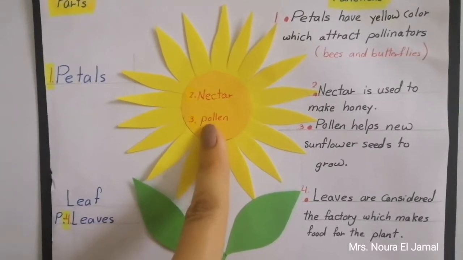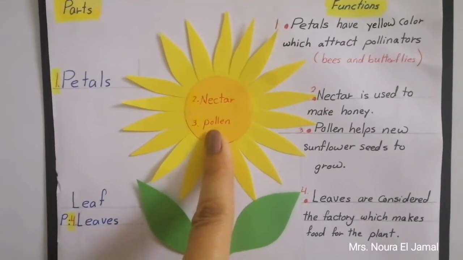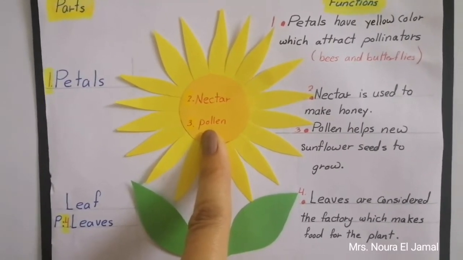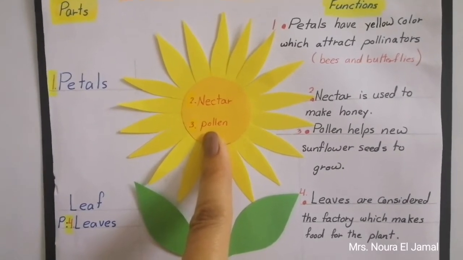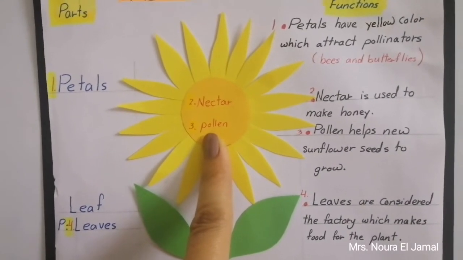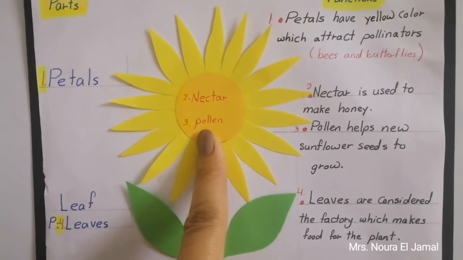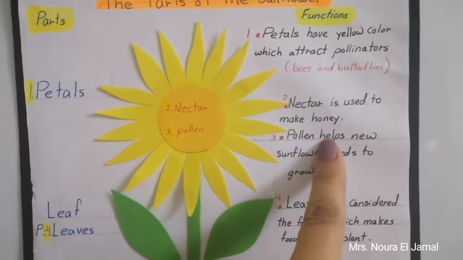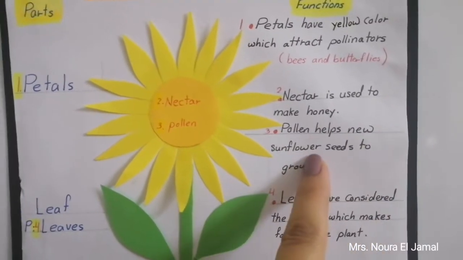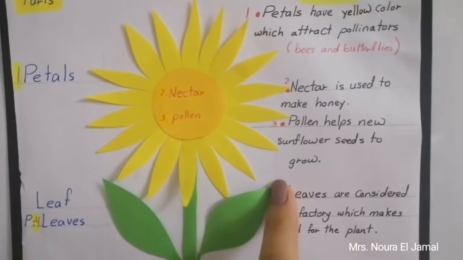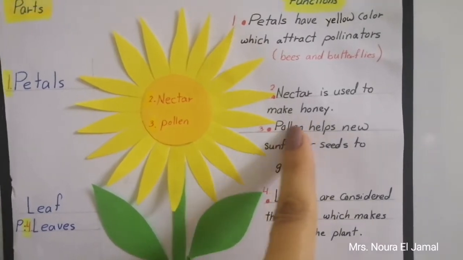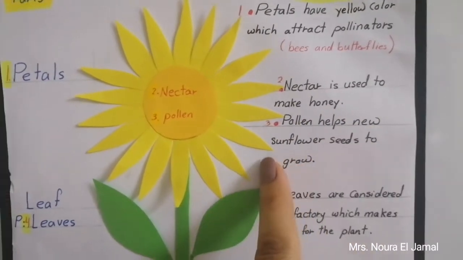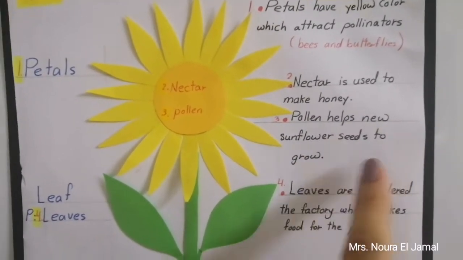So pollen means a powder that the bees or butterflies can bring from one plant to another plant. What's the function of pollen? Pollen helps new sunflower seeds to grow.